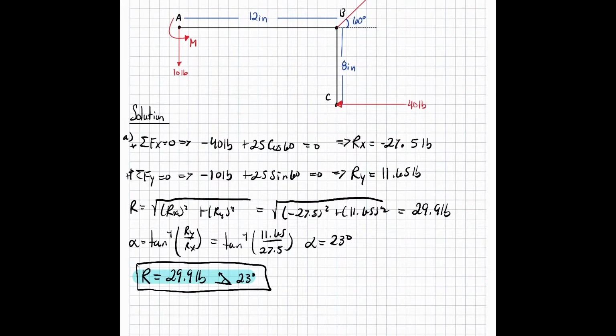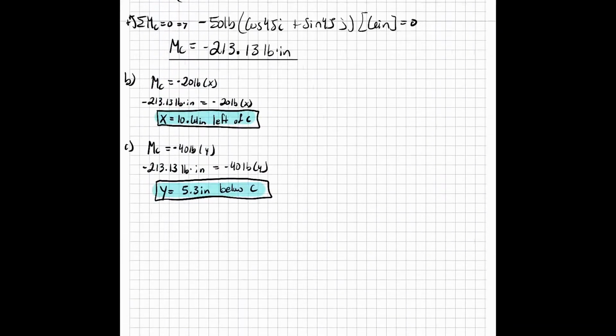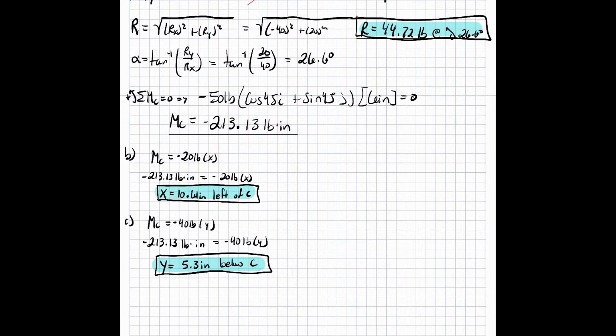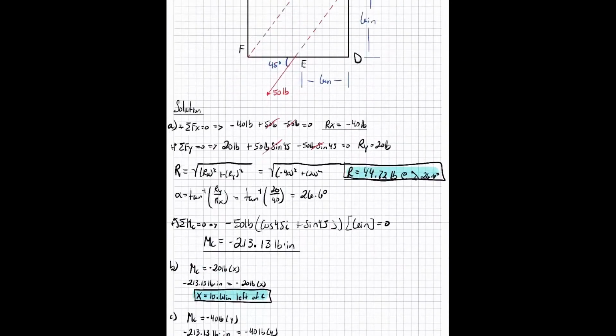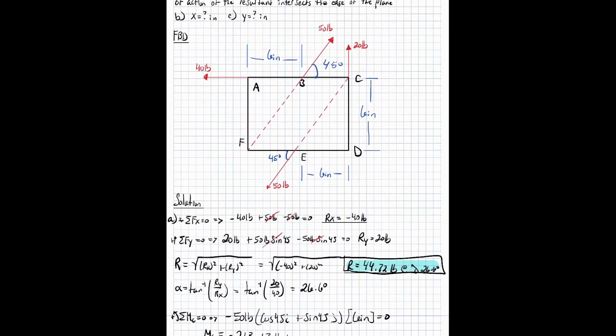Either way, to know where the resultant is occurring, just like we did in 3.108, we take that evaluation of our moment about C in consideration of the x and y direction. So if we're at C, we can only go left in the x direction or down in the y direction.